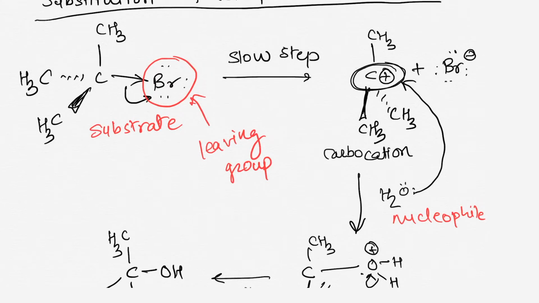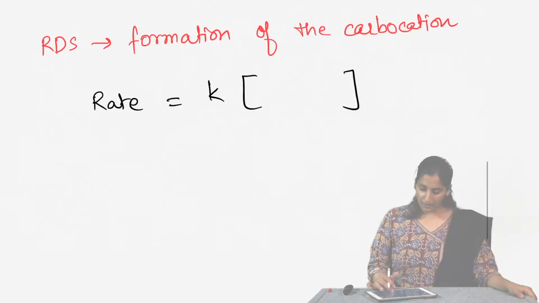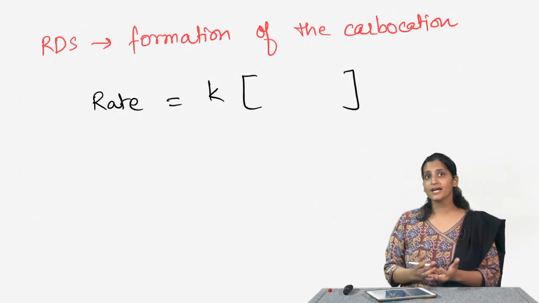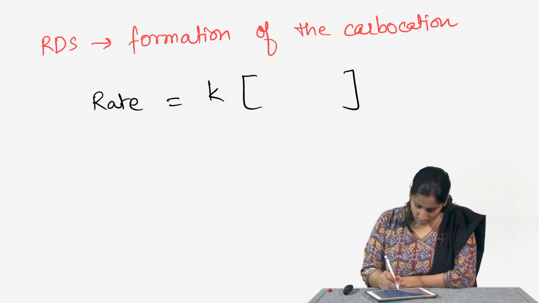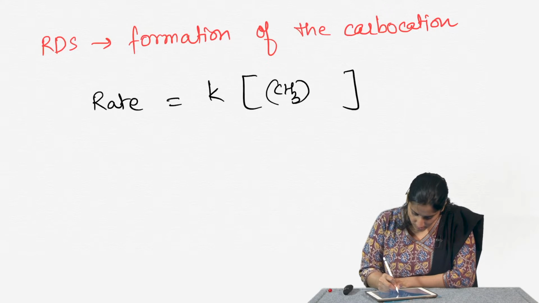If you really pay attention, water, which was my nucleophile, is not present in the rate determining step. It does not play any role in the rate determining step of the reaction, and thus the tertiary butyl bromide's concentration will really affect the rate of the reaction.